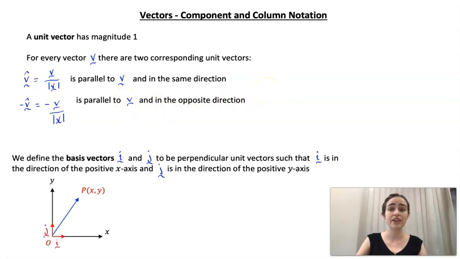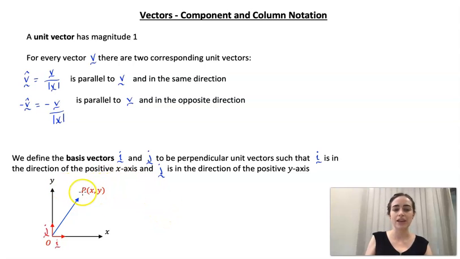The next term we need to introduce is basis vectors. Those vectors i and j that we introduced are called our basis vectors, and they're defined to be perpendicular unit vectors, so that i is pointing in the direction of the positive x-axis and j is pointing in the direction of the positive y-axis.